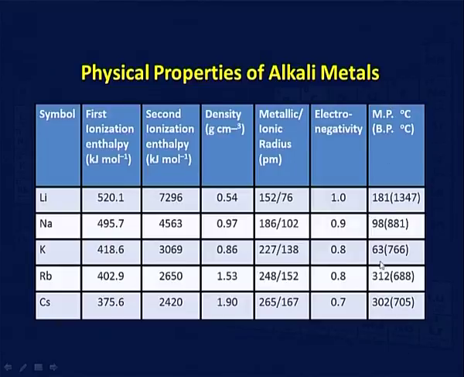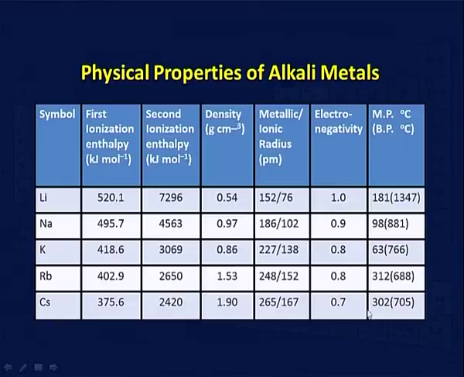It should decrease in fact down the group, because lithium is small and the metallic bonding will be stronger in this case, and as we go down the group there should be a decrease in melting and boiling point of the metal.